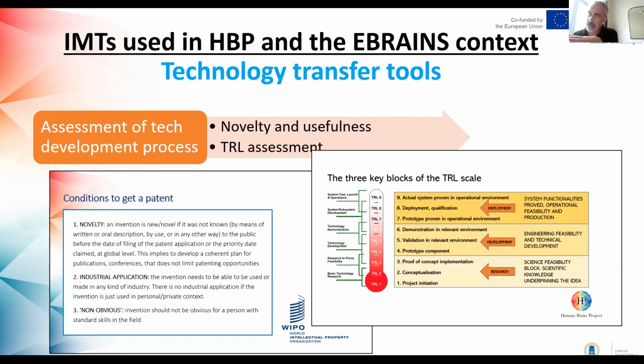For those of you that attended the TRL-specific course that I delivered some months ago, there is much more information about this TRL assessment, but just for you to know in general terms, it has a scale that goes from 1 to 9.